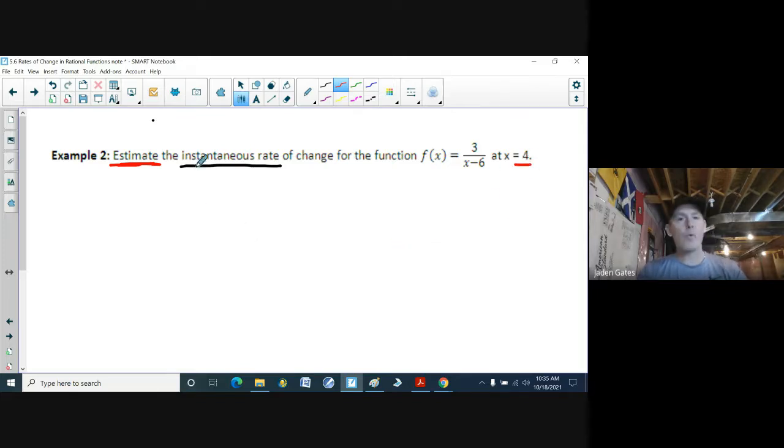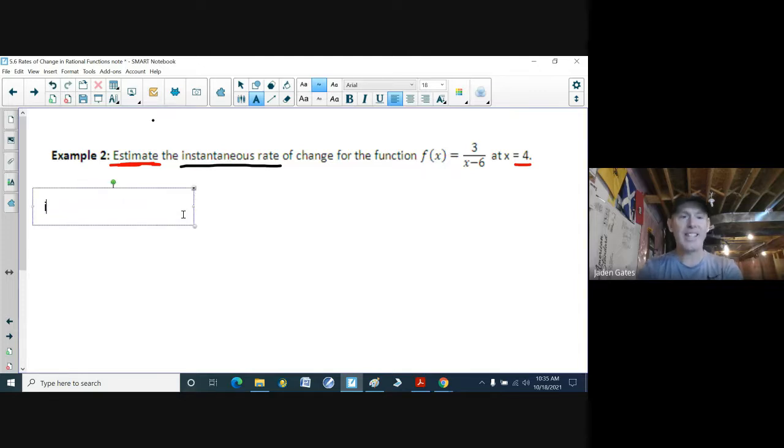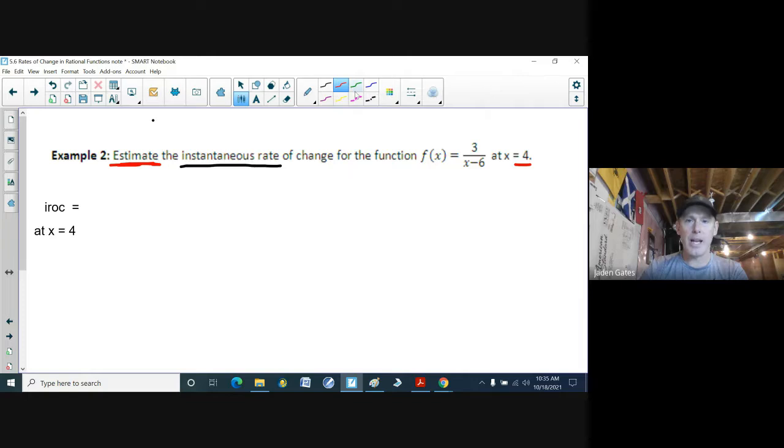And so again, this is where we're combining that limit formula and our slope formula together. What we're going to be finding here is our estimate of our instantaneous rate of change, hence the I instead of the A, and we'll be doing that at x equals 4. So we'll be looking at f of 4, but adding just a little bit.